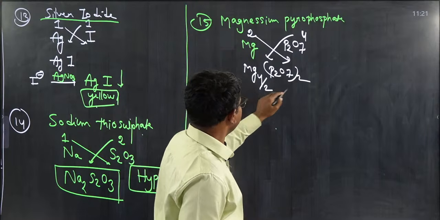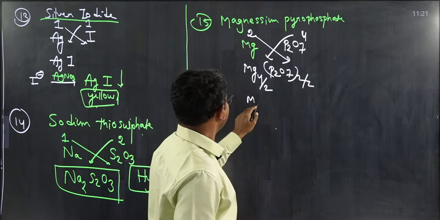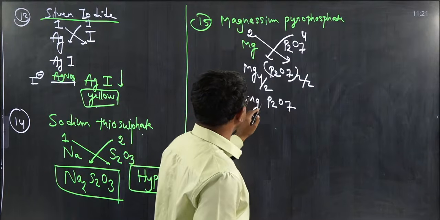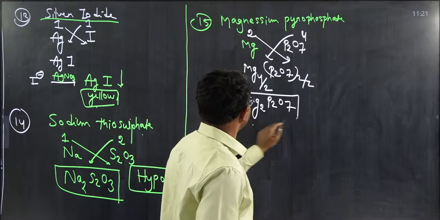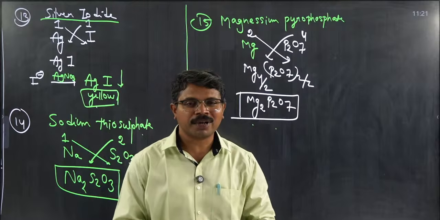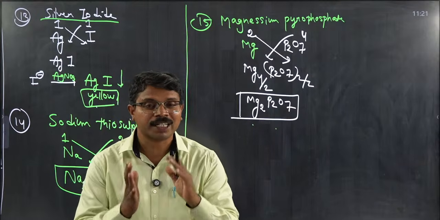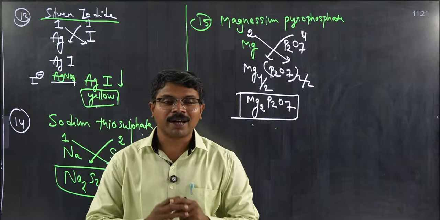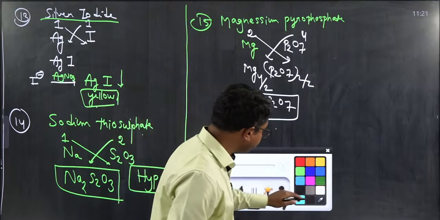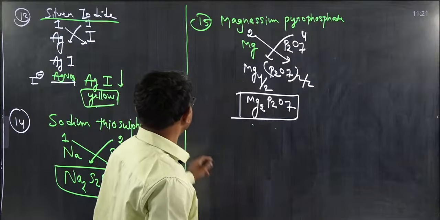There is a common factor over here and the formula of magnesium pyrophosphate is Mg2P2O7. Very important compound. Even this compound is also used for detection of phosphorus in a given organic compound. Magnesium pyrophosphate formula is Mg2P2O7. Next, moving ahead.